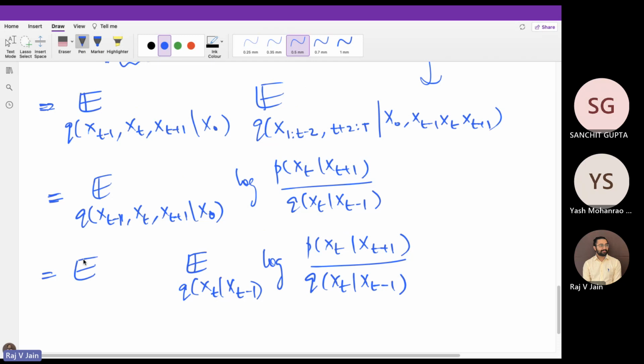What remains is this expectation, which is q of x naught term has to be here, and again xt minus 1 is here, so that's enough for xt, not a problem. And what remains is basically xt plus 1 and probably xt also.